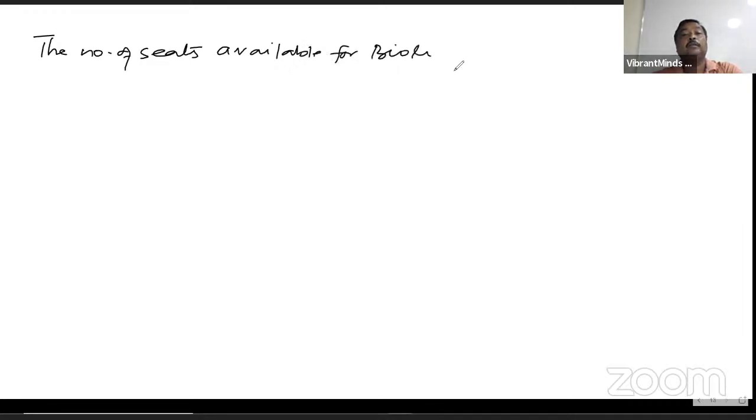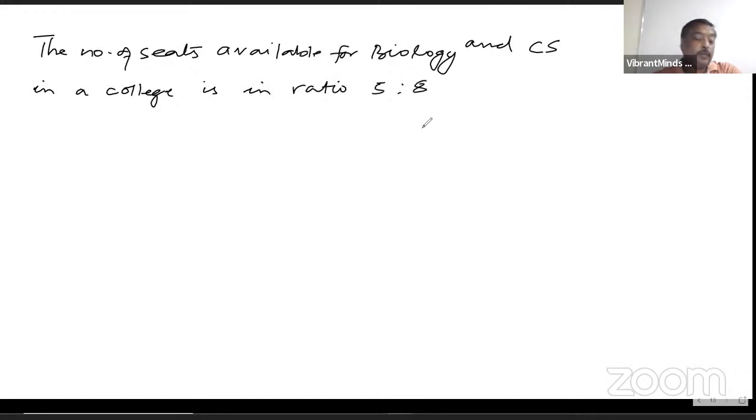Now see, the number of seats available for biology and CS in a college is in ratio 5:8.